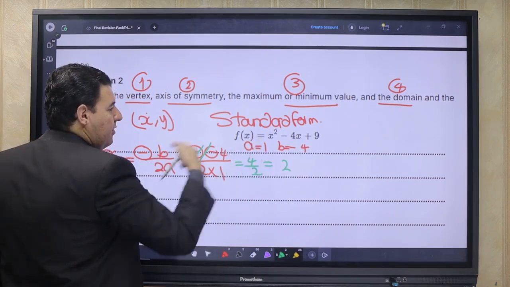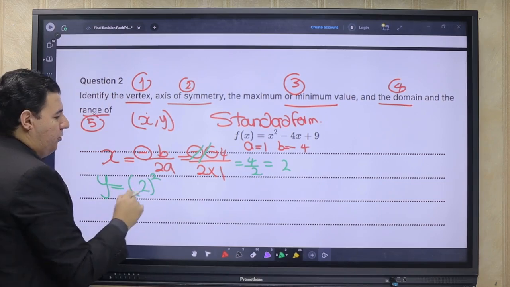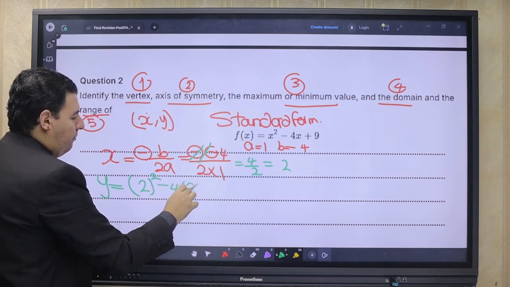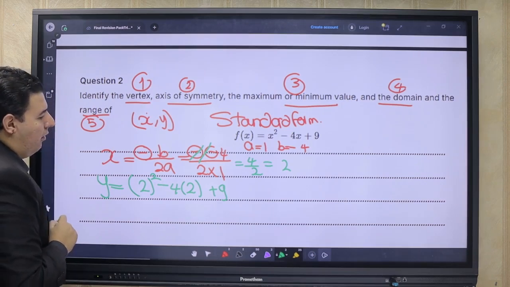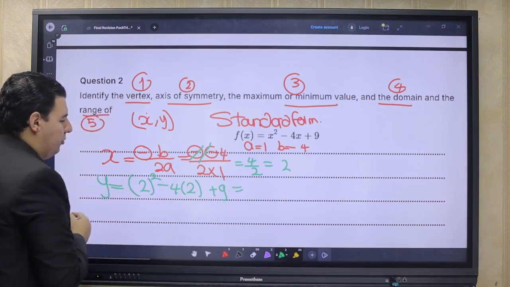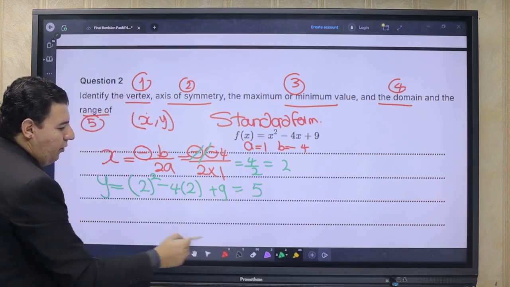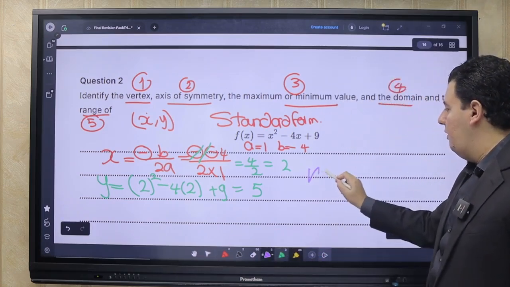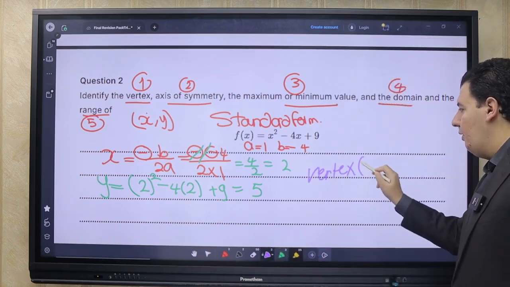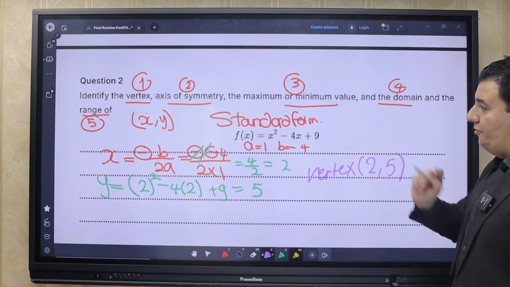Substituting x here in this equation, 2 power 2, bracket 2 to the power of 2 minus 4 bracket 2 plus 9. It will be 4 minus 8, -4 plus 9 equal 5. So y here equal 5. So the vertex is x 2, y equal 5. This is the first requirement.